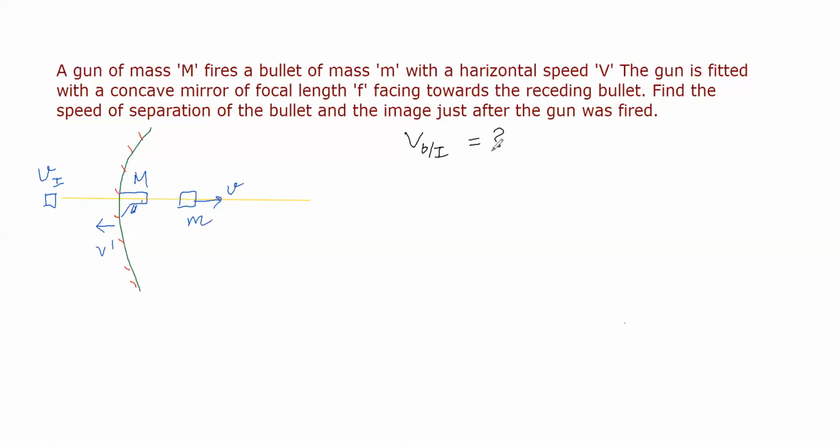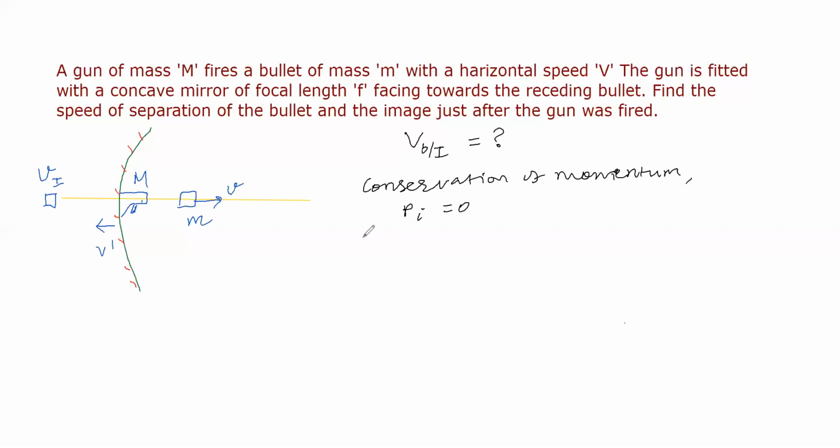So first we find the velocity of the gun just after the bullet is fired. For that we use conservation of momentum. Just before firing the bullet the gun was at rest, so the initial momentum is zero. That means the final momentum must be zero.